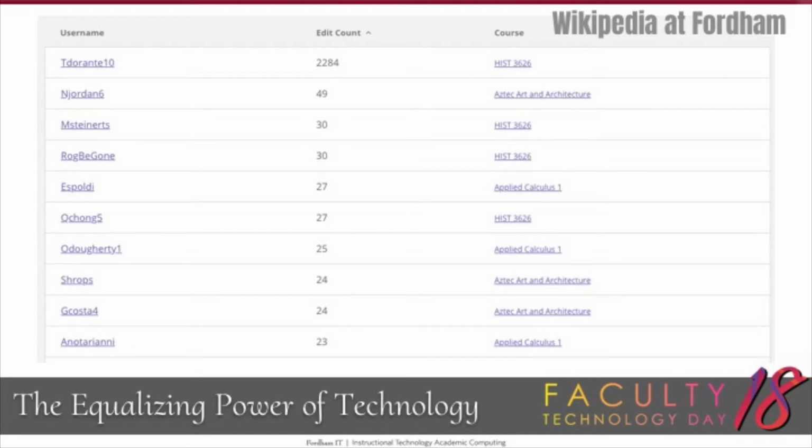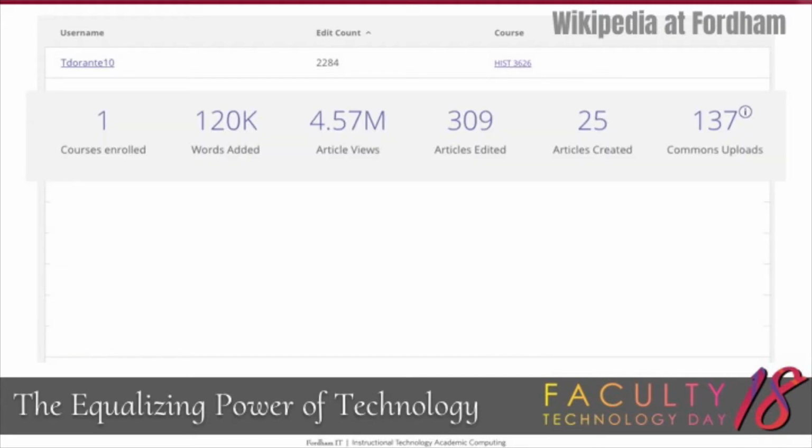And just to point out, I think it's very remarkable, and Carla will talk a little bit more about this, the impact that it has outside of the classes, because there are students who have clearly gone above and beyond and have not only maintained their own pages, but also started on and edited other articles. So I think this leads into Carla's talk.